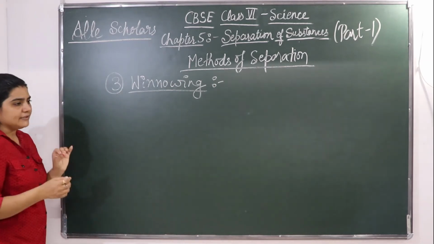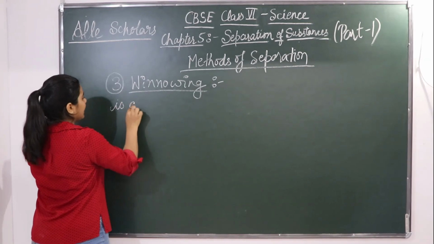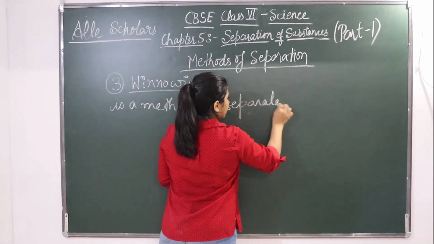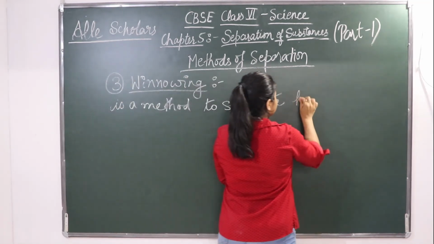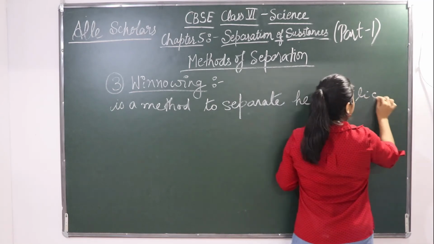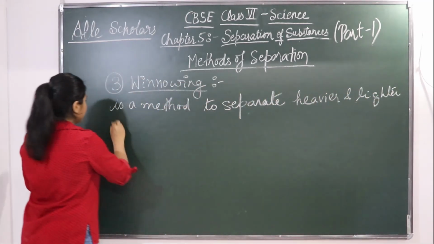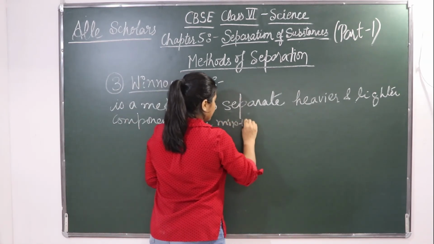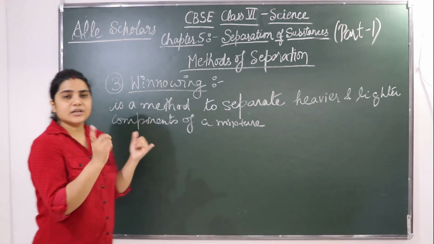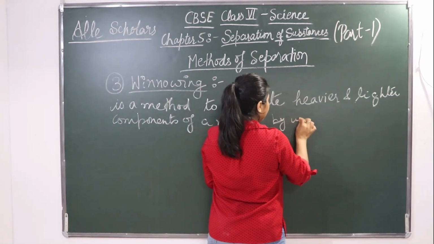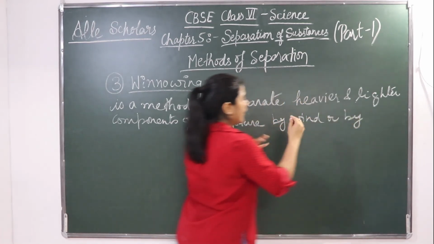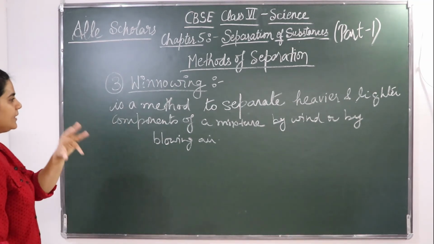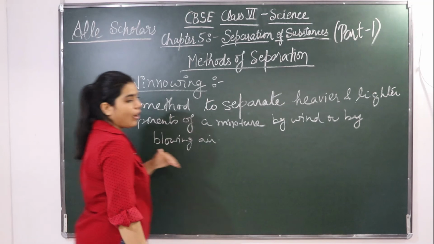So winnowing is a method to separate heavier and lighter components of a mixture, which can be done either by wind or by blowing air.